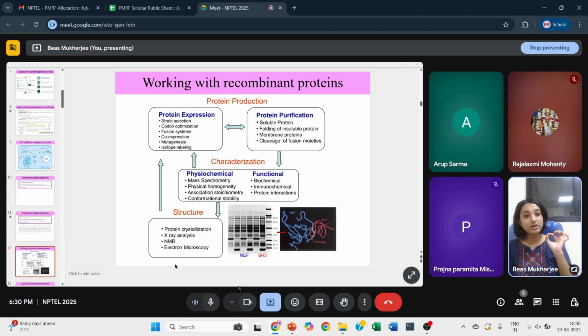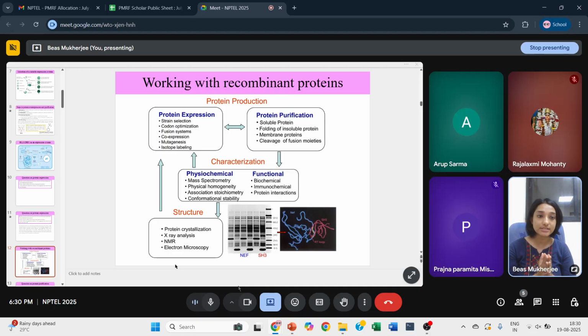So for that particular amino acid, then you have to select the codon with the maximum number of tRNAs that have the corresponding anticodon. Okay, so that is how you optimize the codon for better protein expression.